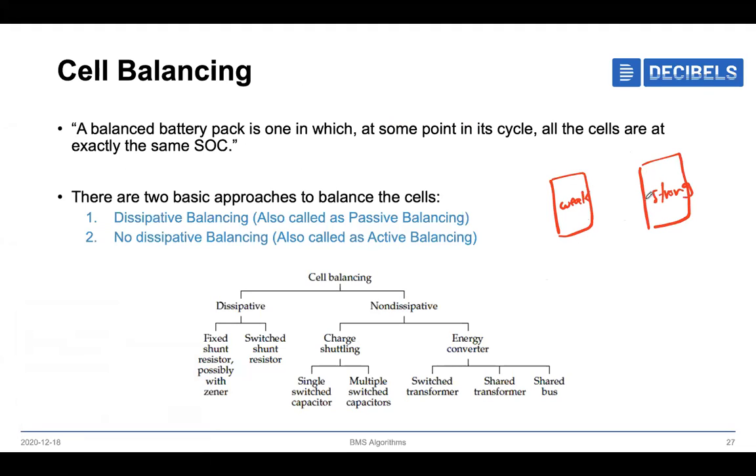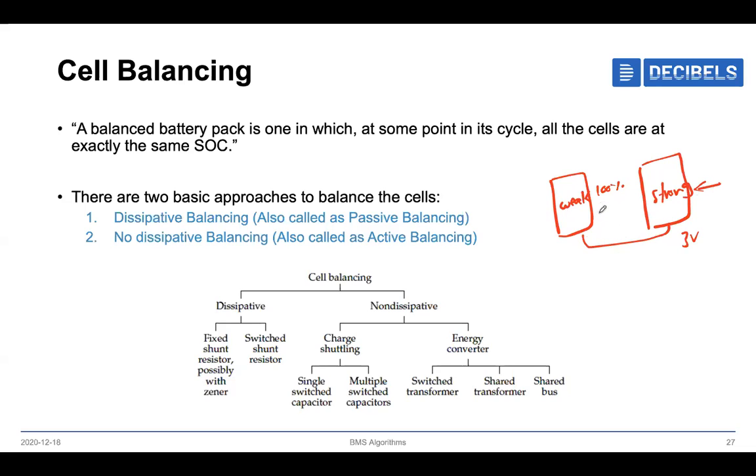When we are charging the cells, this cell will reach 100 percent within a very short period of time, because it is very weak, but this one will take too much time. When these cells are connected in series, we'll be measuring the cell voltage, right? So this will give 4.2 volts, but this will give somewhere around 3 volts. Then the BMS will try to balance these two.